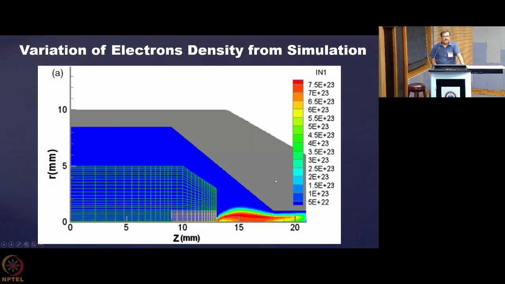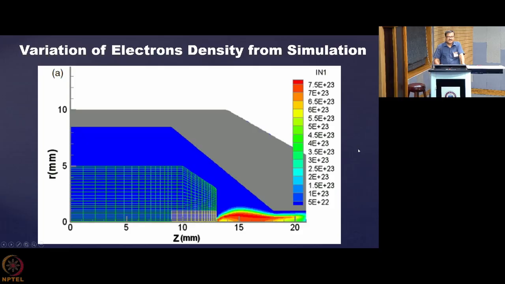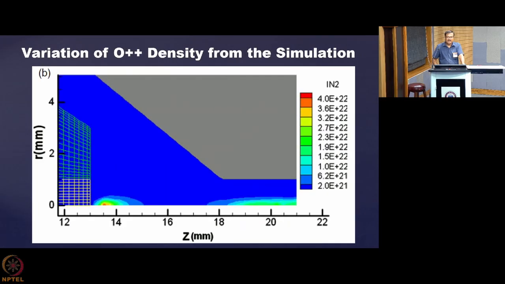Now if we go for the second ionized state, this is the O++ density, and this was basically the O+ density. Just correct it as the first ion density here, and you can understand it better. Where we saw that the first ion density is low in this zone, you remember, this is the zone where you are seeing the maximum density of the second ionized state.